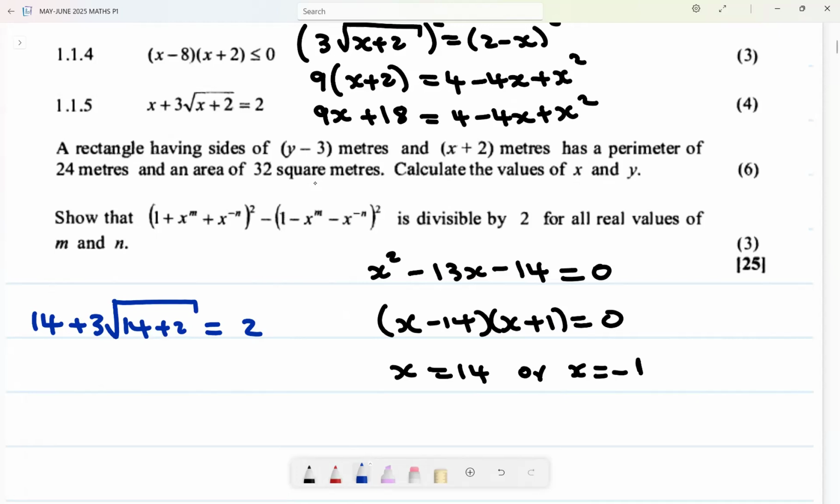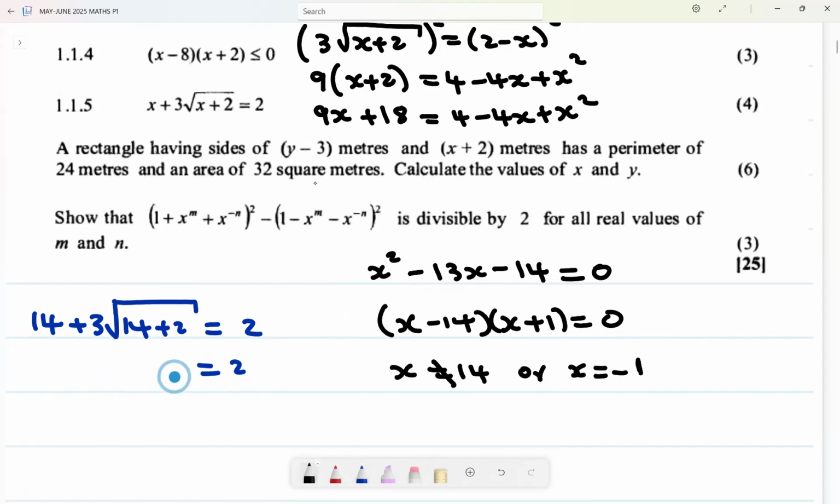Why? Because it's going to be 14 plus 3 into square root of 16, it's 4, and this is something like 2. So automatically this one cannot equal 2. So I have 26 equal to 2. They are not equal, it's a contradiction. So it cannot equal 14.